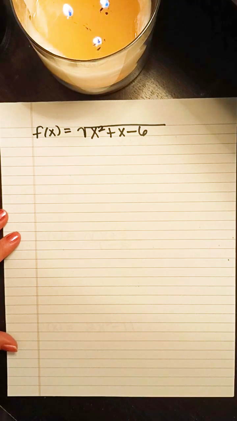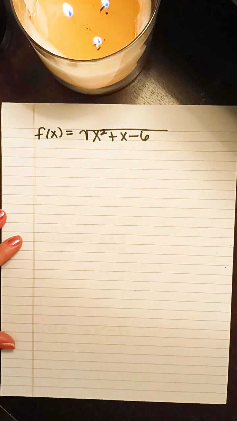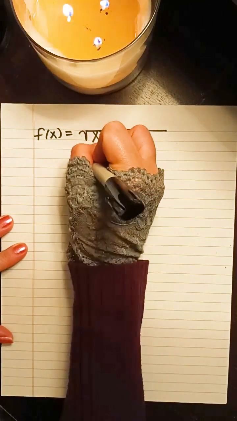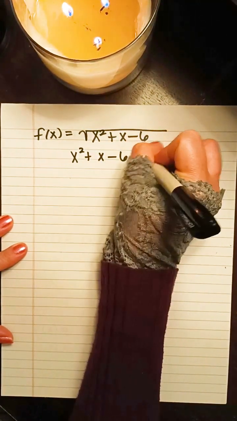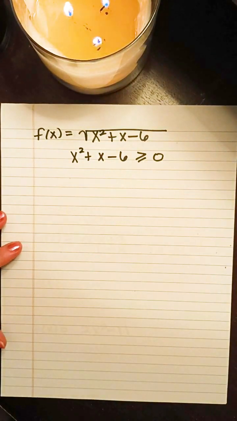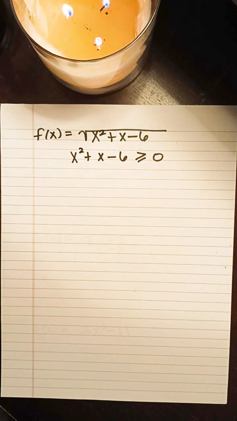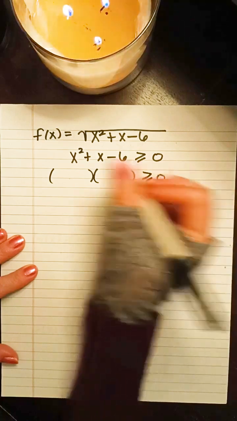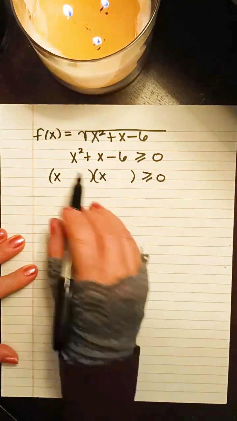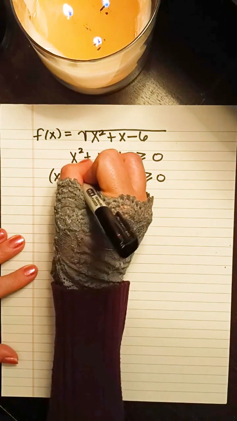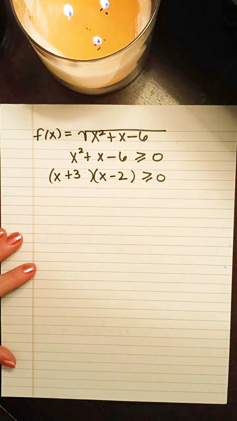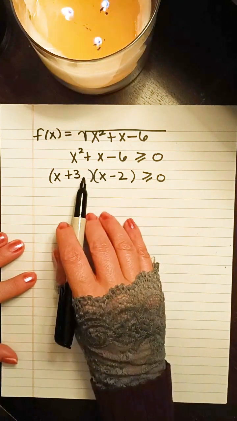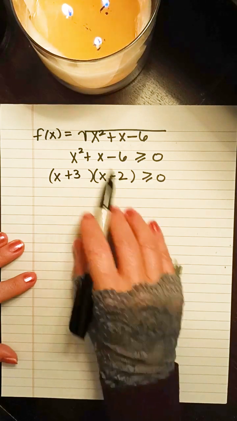Okay, here I have a quadratic underneath an even root. With an even root, we have to make sure that whatever's under there is greater than or equal to 0. So I am going to factor this: x plus 3, and then x minus 2, because a positive 3 times a negative 2 is negative 6, and 3 minus 2 is 1.